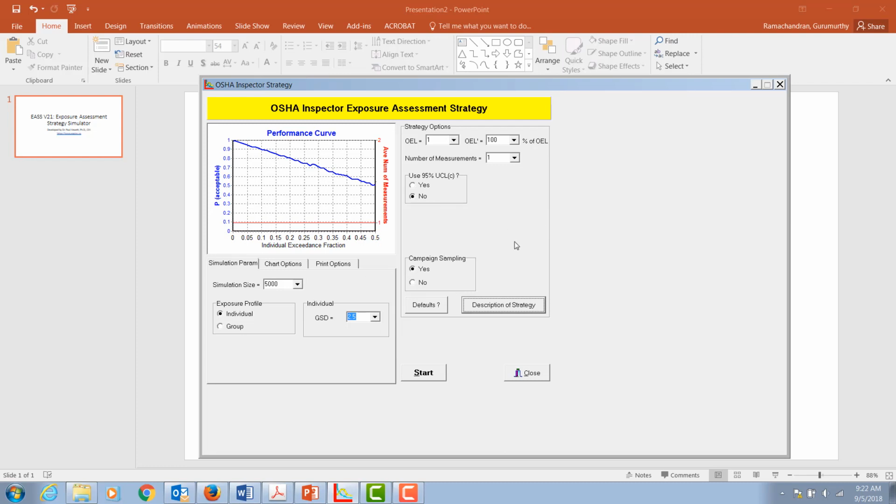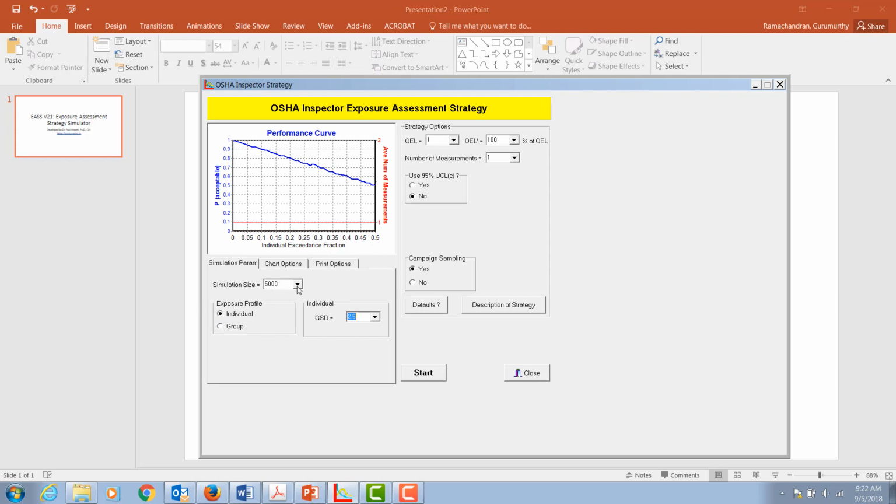What we'll do is we'll pick a geometric standard deviation for the underlying worker's exposure profile, and we have just picked a GSD of 2.5, and we're looking at individual exposure profiles and not group.